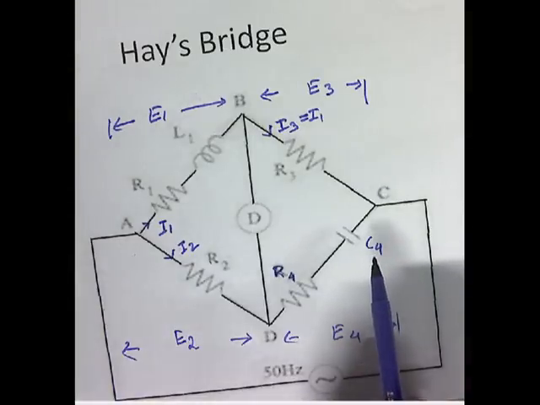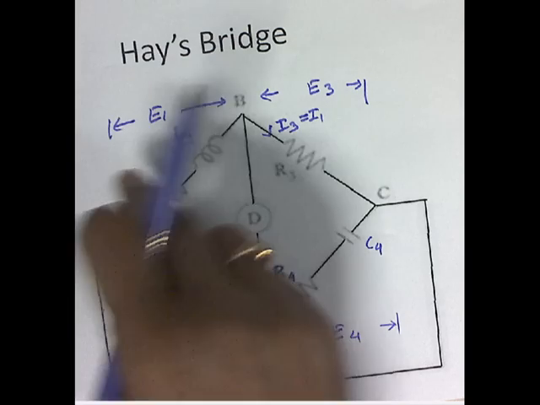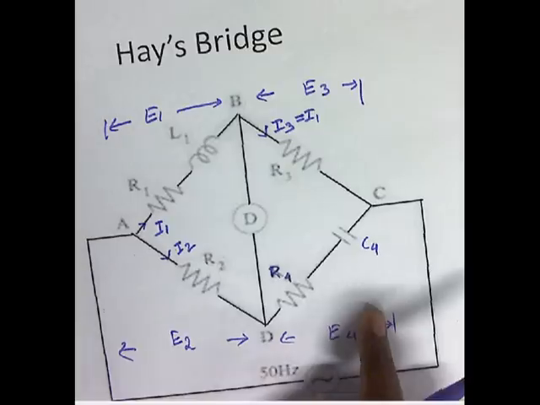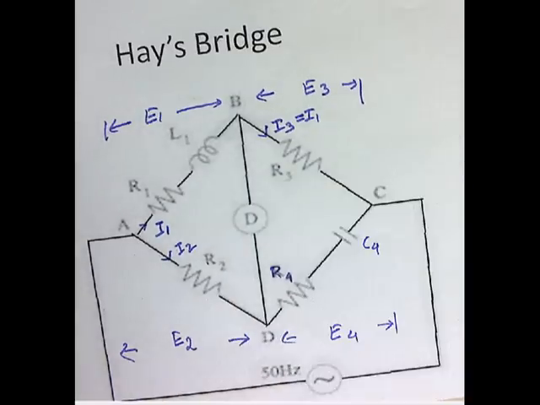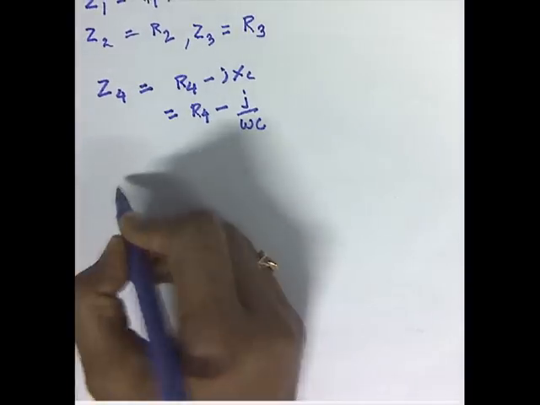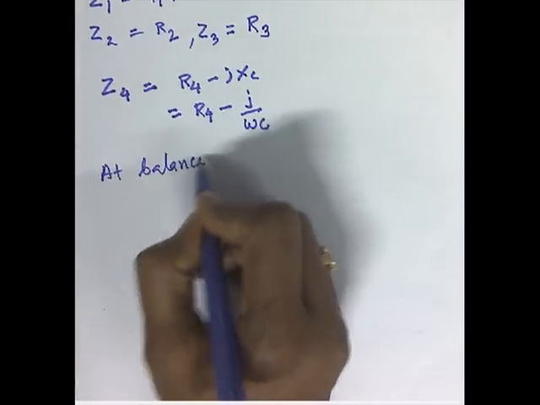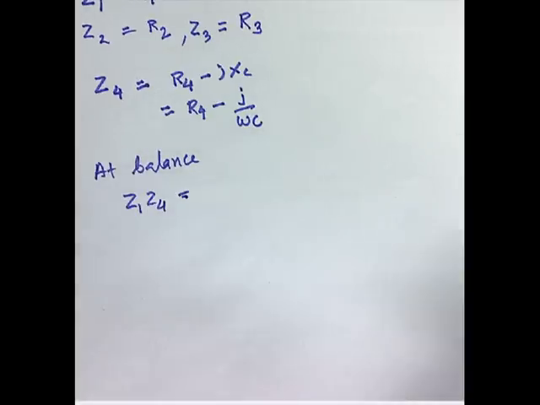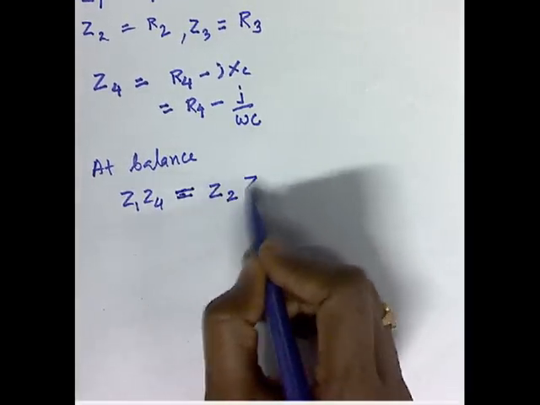So at balance condition the products of impedances are equal, that is Z1 Z4 is equal to Z2 Z3.